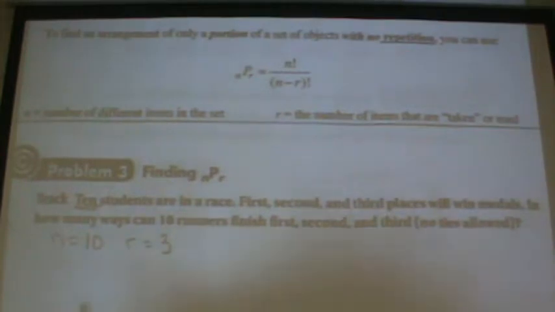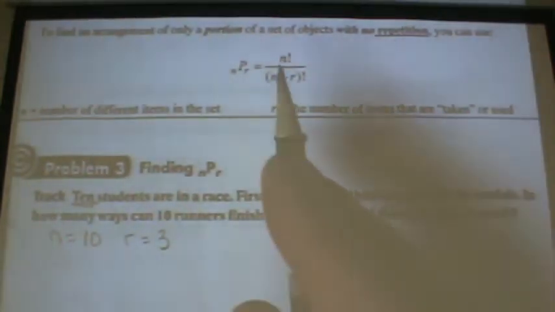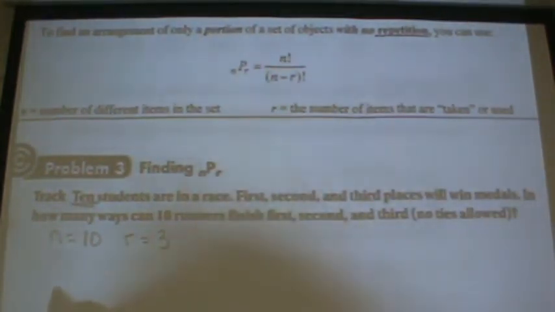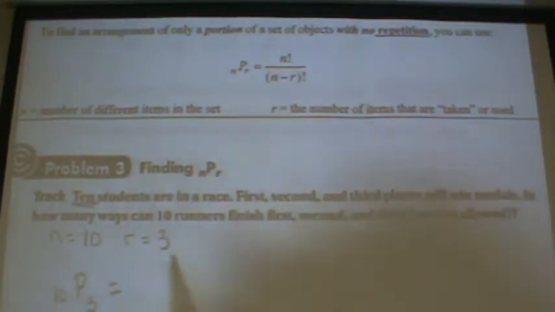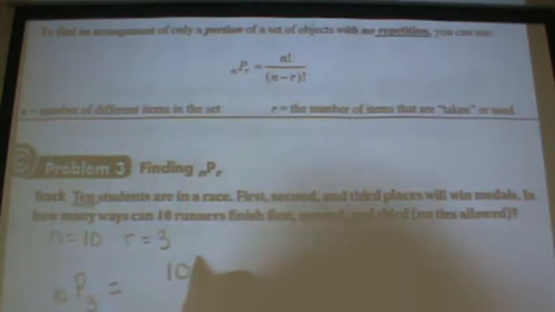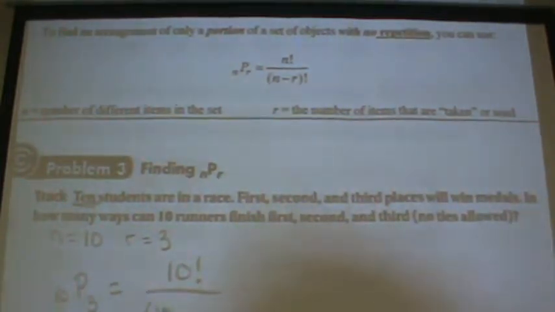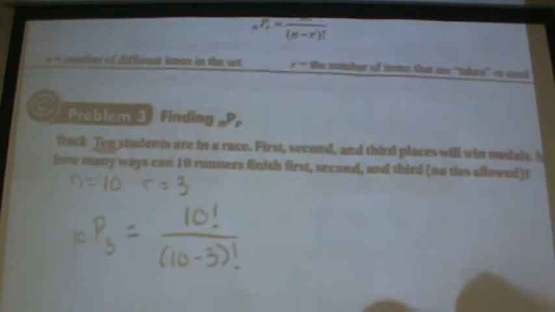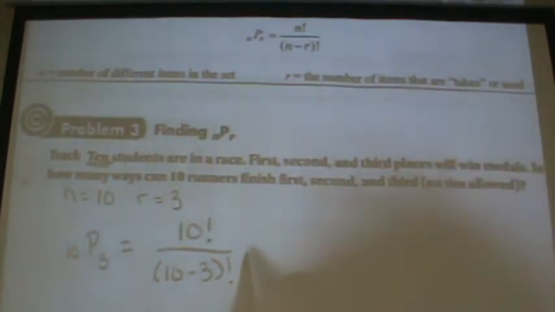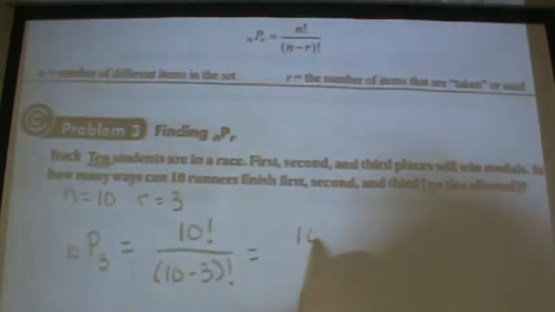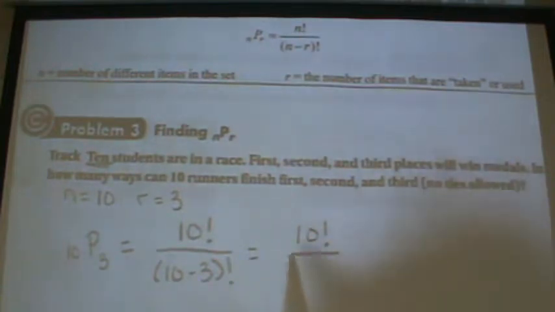So now, plugging that into the above equation, you would have 10P3 equals 10 factorial over (10 minus 3) factorial. Simplifying, you get 10 factorial over 7 factorial.